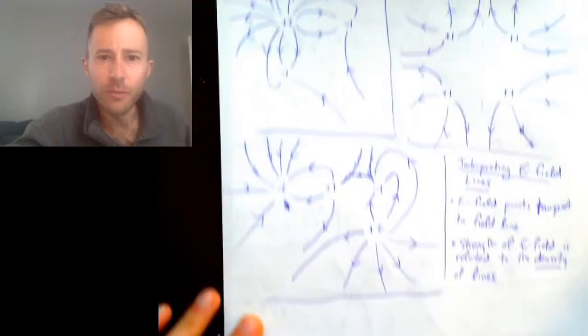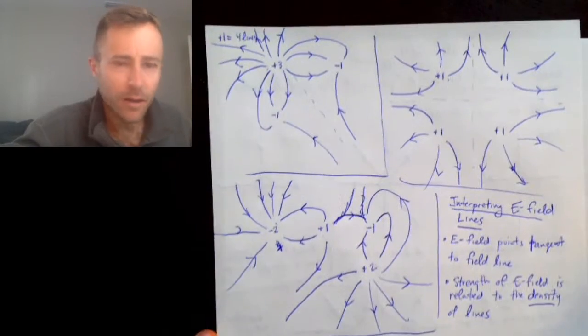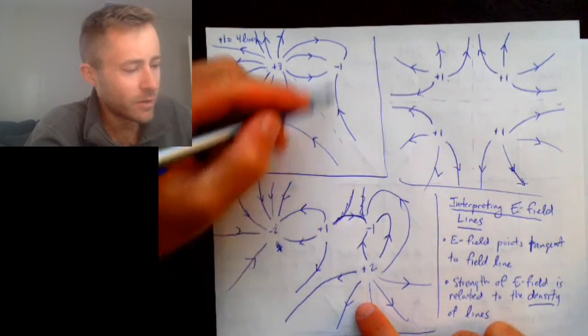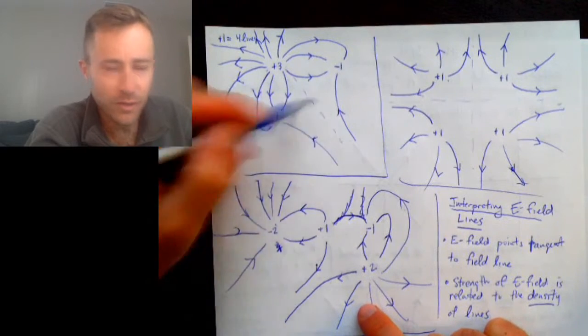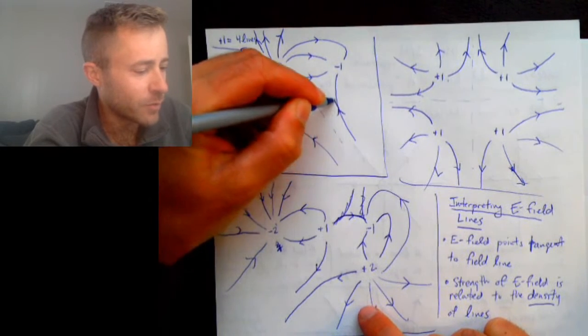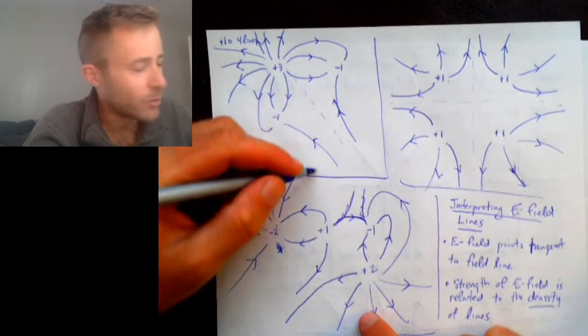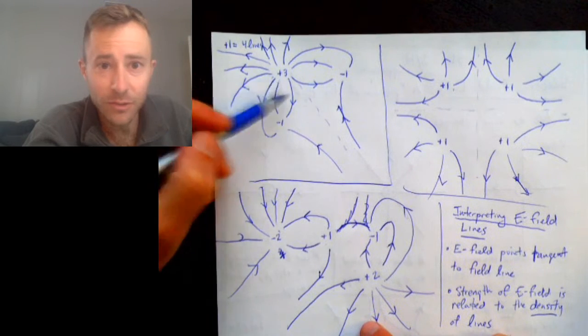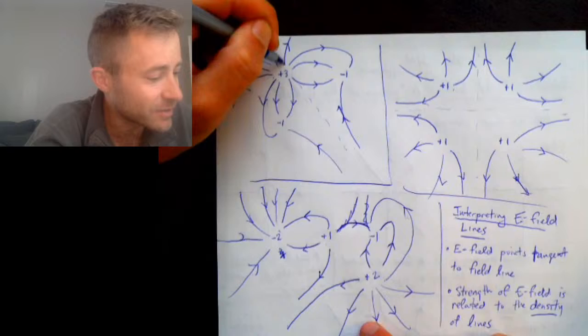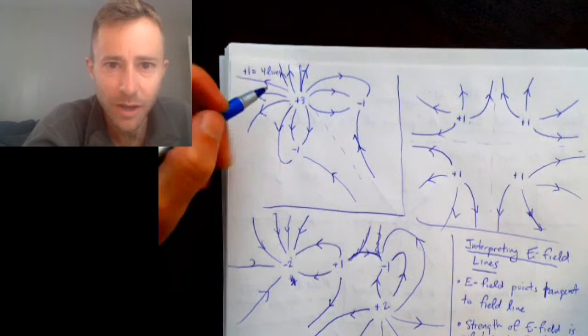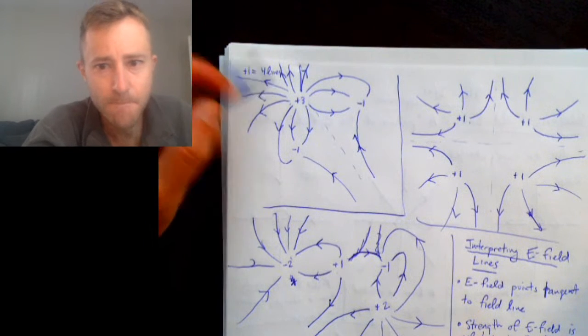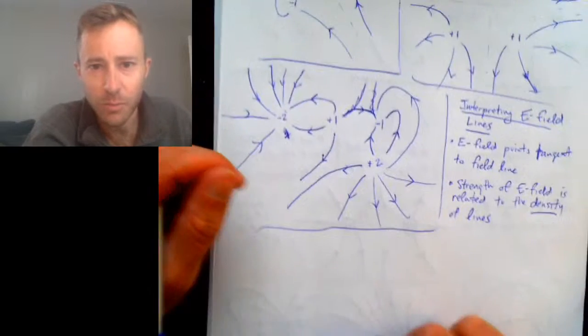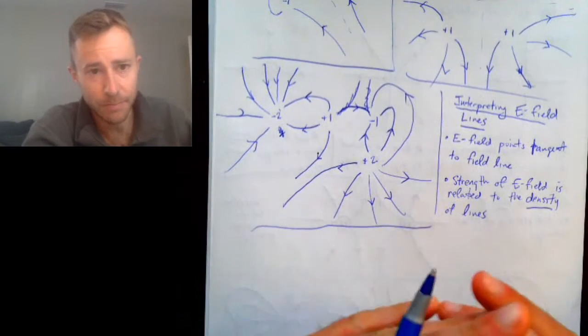Okay, so for example, I can see right here there's not a lot of field lines in this area, so this would be a small electric field. Whereas here we have a high concentration of lines, so there's a big electric field right at that location. Okay, so that is how you interpret the pictures that you have drawn.